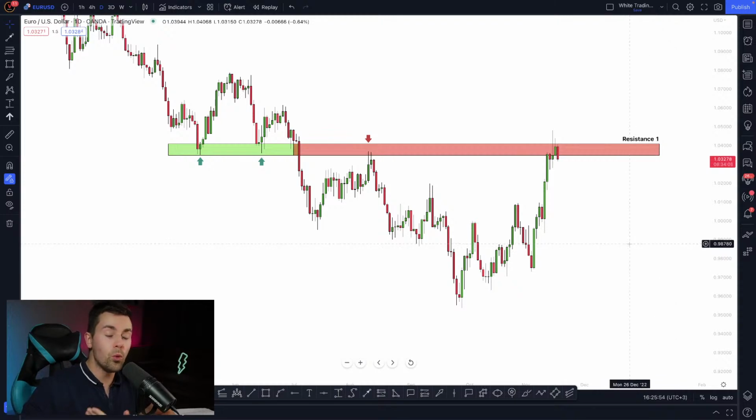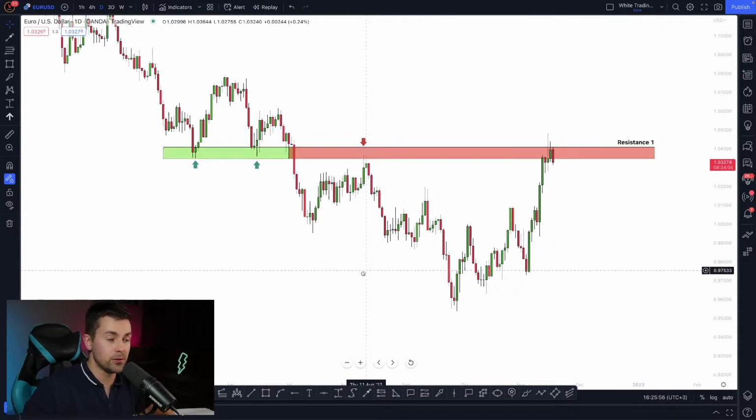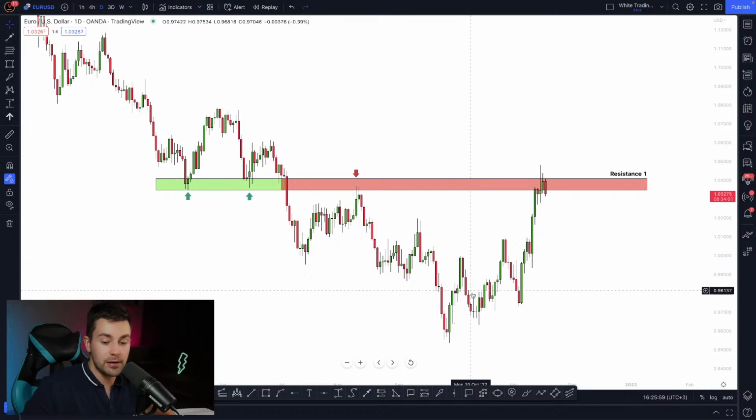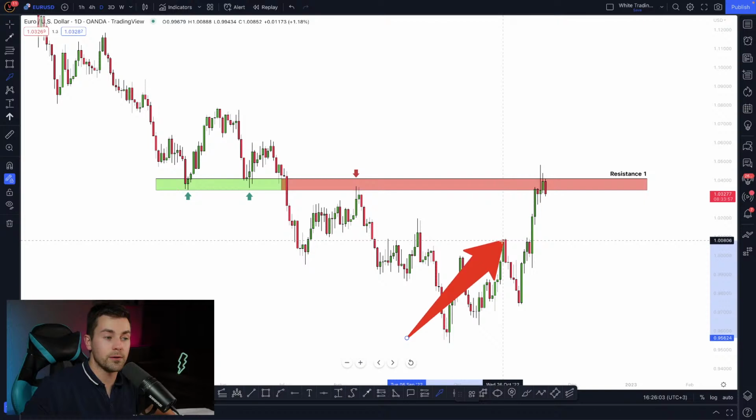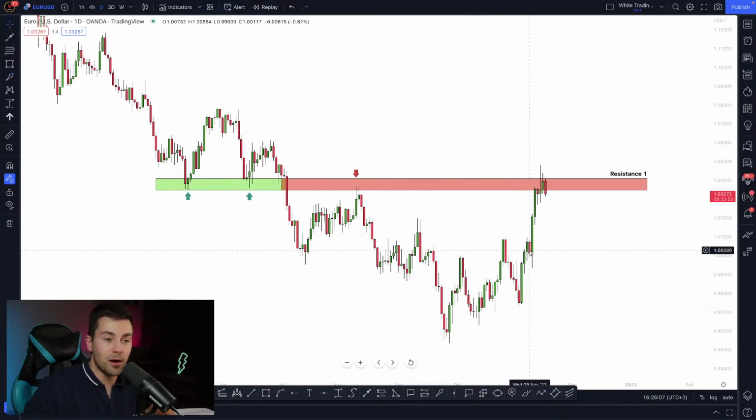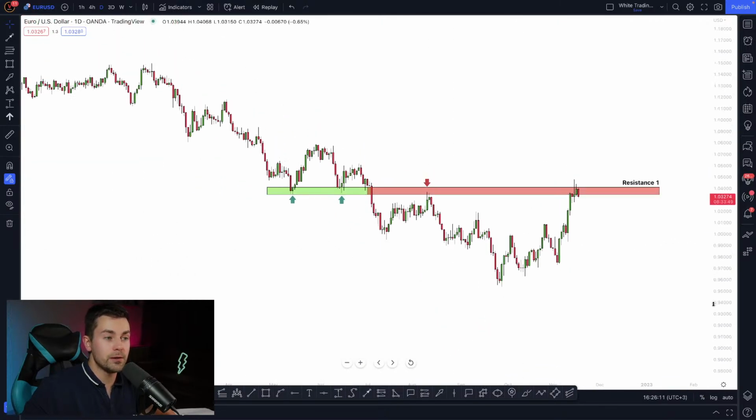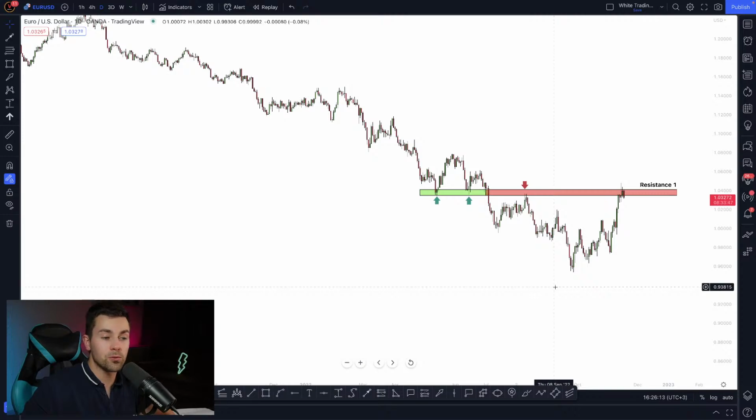And what we can see here on euro dollar is that even though the market recently started a correctional movement, even though recently the market started to grow, the fact is that we are trading in a global bearish trend.